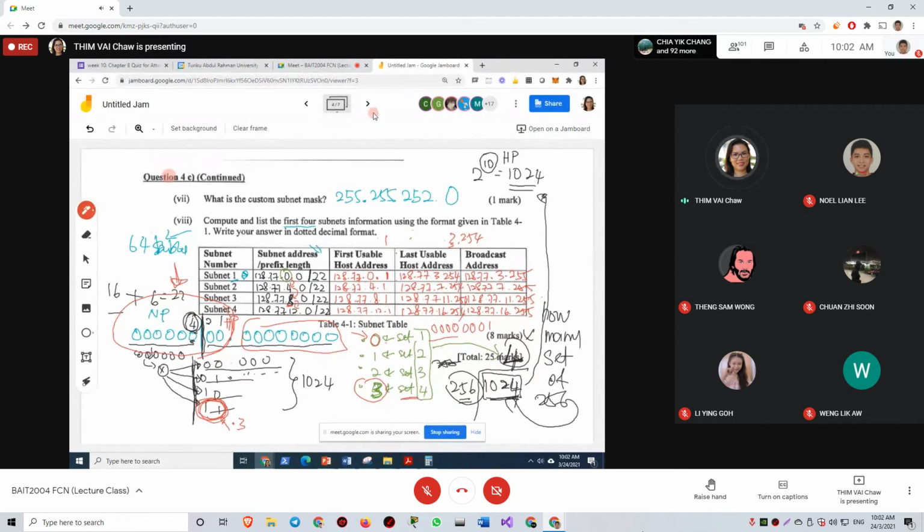But the magic number only applies to classful subnetting. You cannot apply it to VLSM, or classless subnetting, because the size of each subnet in classless subnetting is different.